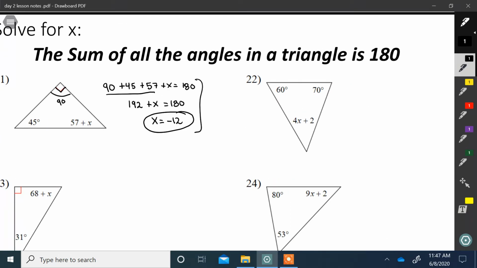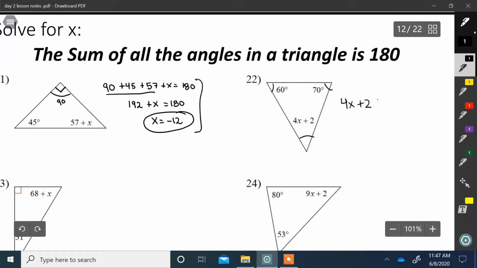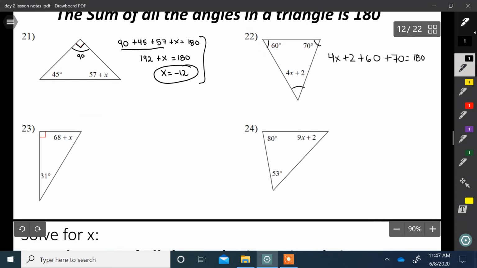All right, same idea with this one. This plus this plus this is all going to add up to 180. So 4x plus 2 plus 60 plus 70, that's going to be 180 degrees. I'm not going to solve those.